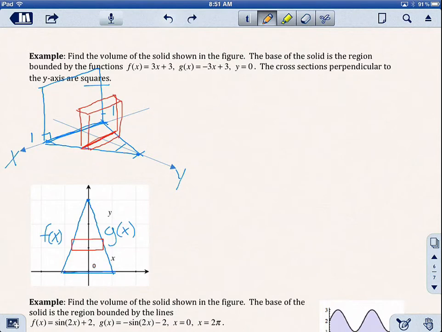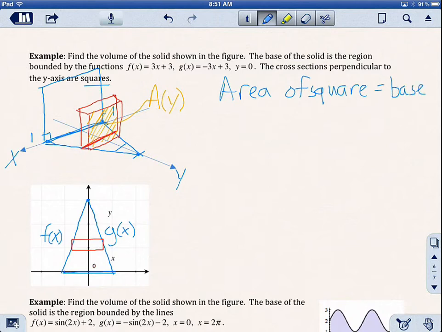three-dimensional view here. And what we need to find now is the area of one of these faces. And we need to find this in terms of y, because the cross sections are perpendicular to the y-axis. So we need to find the area of a square. And what that is, it's going to be the base squared.